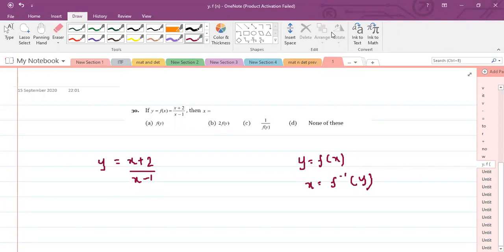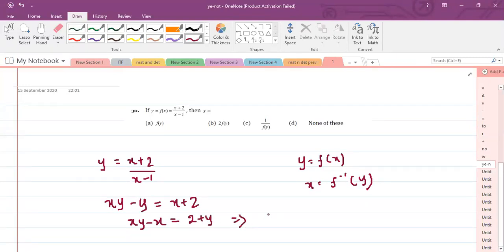So you can shift the denominator to the left-hand side: xy minus y is equal to x plus 2. Take the terms containing x to one side: xy minus x is equal to 2 plus y.